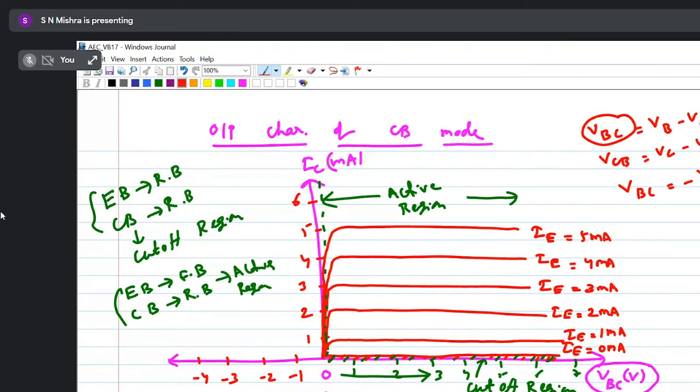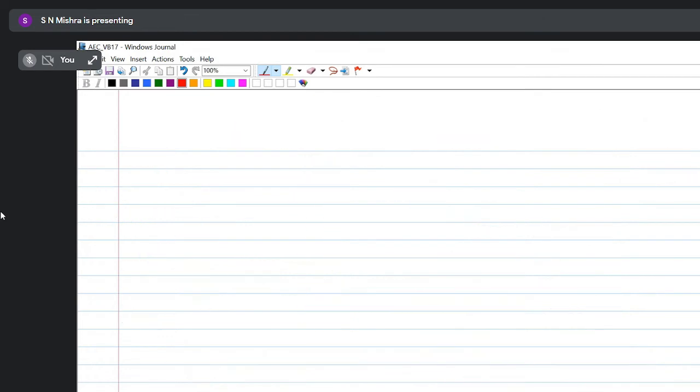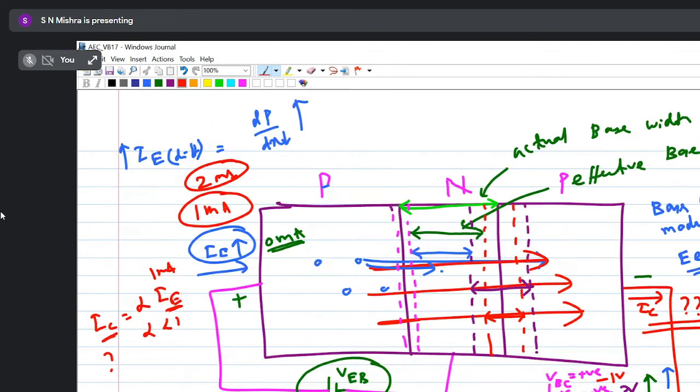VCB positive means what? Look here. VCB positive means I should connect like this.